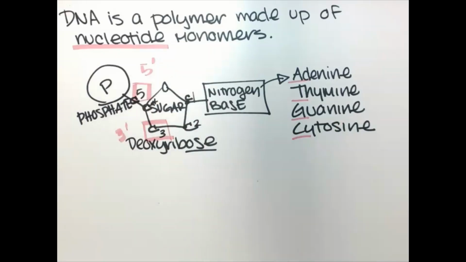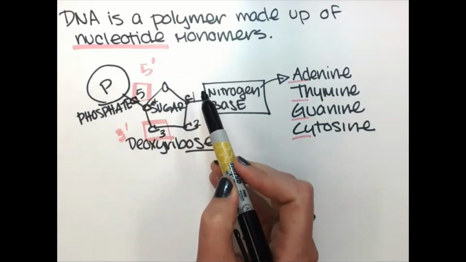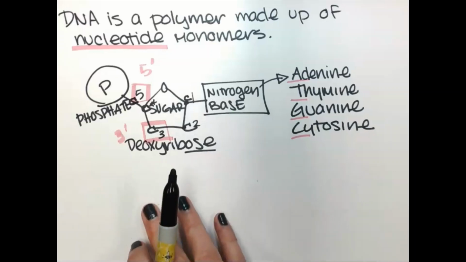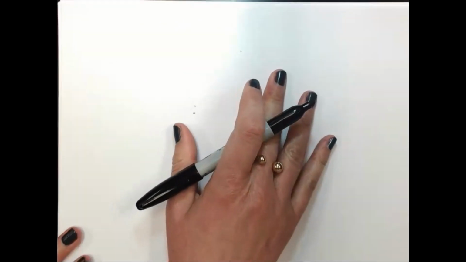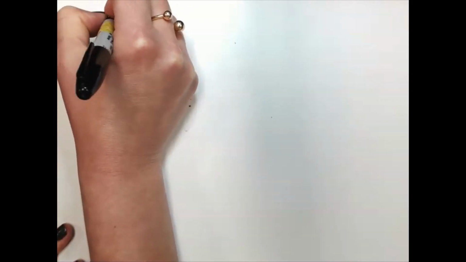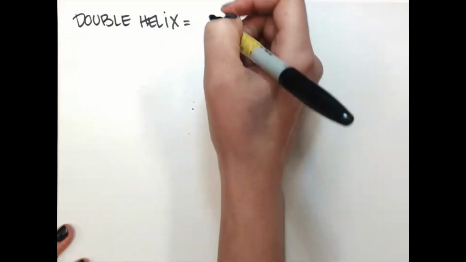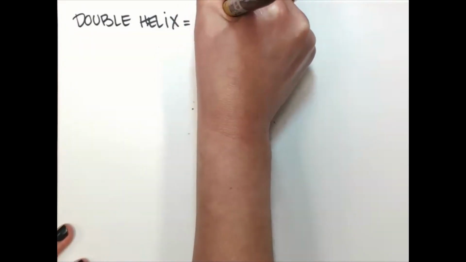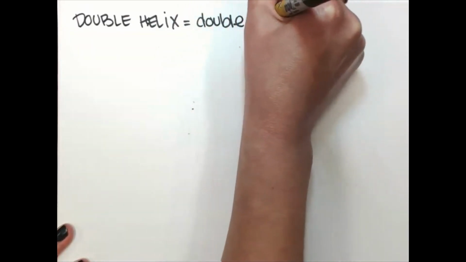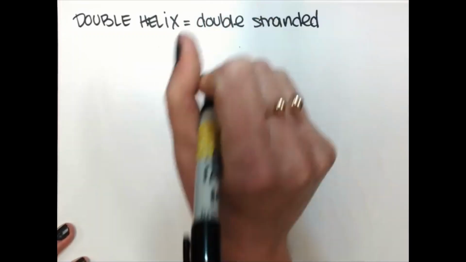All right, so let's dig a little bit deeper into how these monomers get put together to form DNA. So DNA is sometimes referred to as a double helix. And one thing you can pull from that is double, it's double-stranded. So what does that mean?